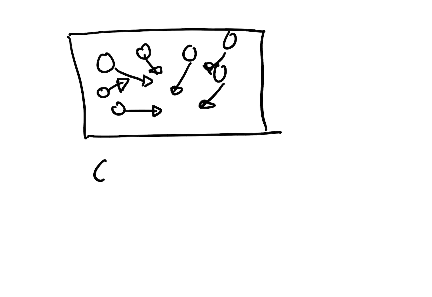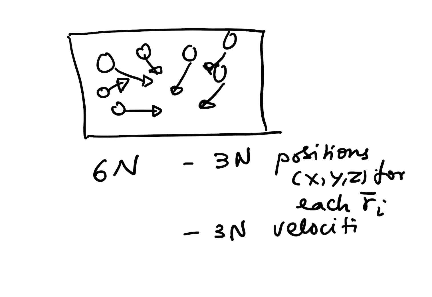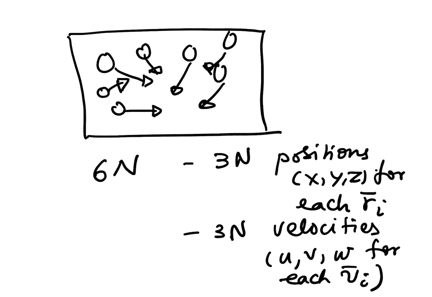I specify 6n numbers: 3n positions, XYZ for each position vector, and then 3n velocities, that is u, v, w components for each velocity vector.